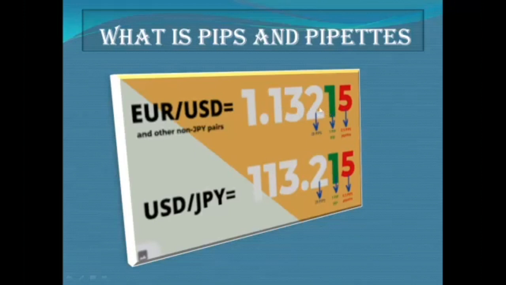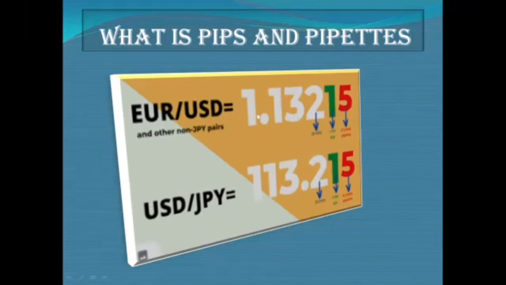When calculating your pips, you say 1.1321 and not add the last digit, because whenever you add it, you've actually added the 5th decimal place. That means you are now calculating in pipette value and not in pip value.